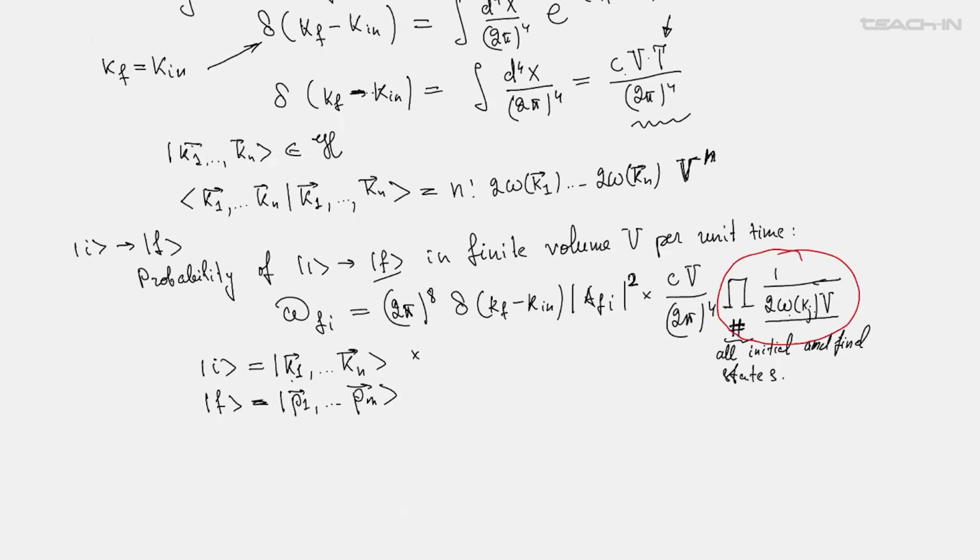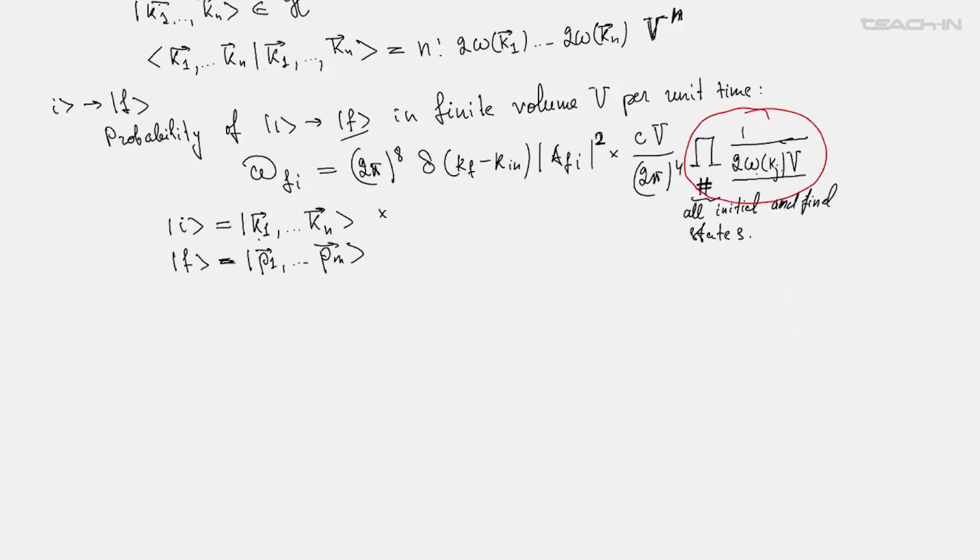Now, I'm going to explain a further important quantity which naturally appears in this formula, which is called the Lorentz invariant phase space measure.